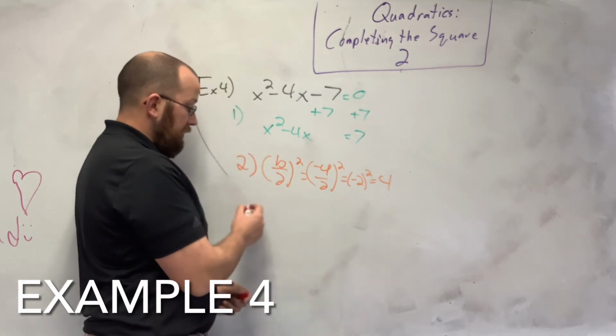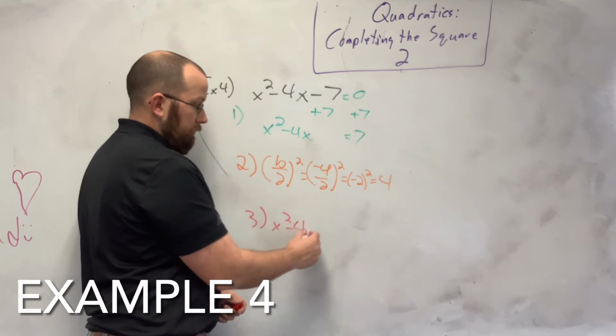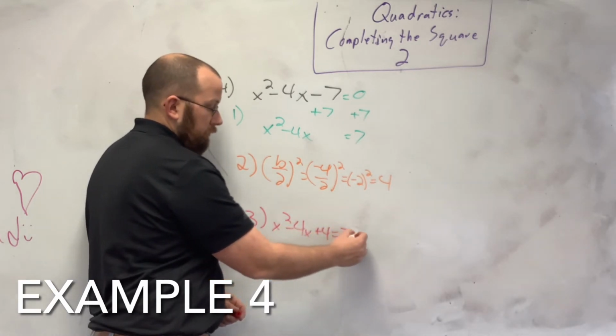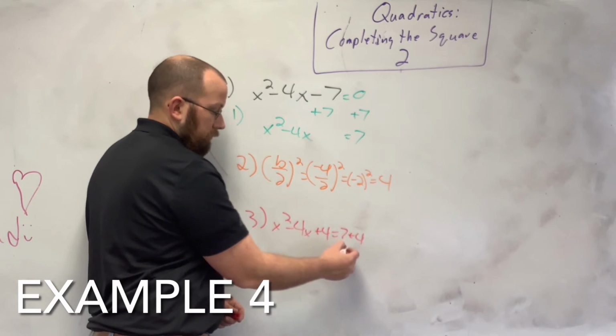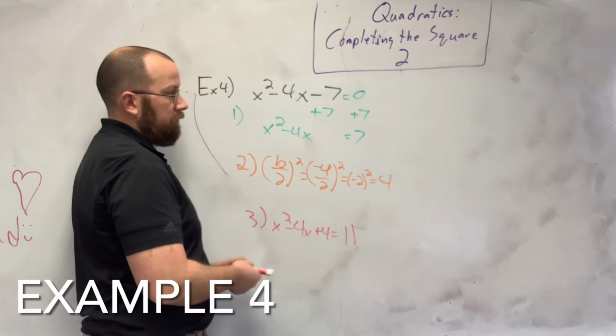My next step is I'm going to add it to both sides. Which gives me 11.